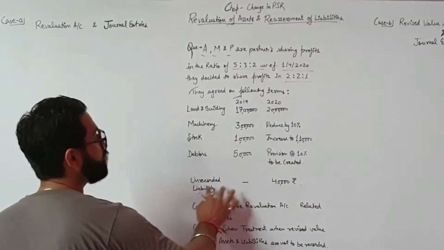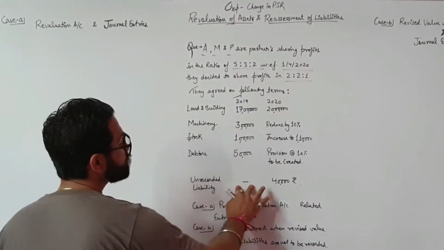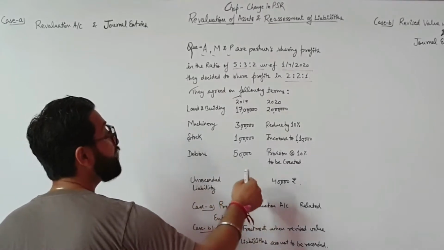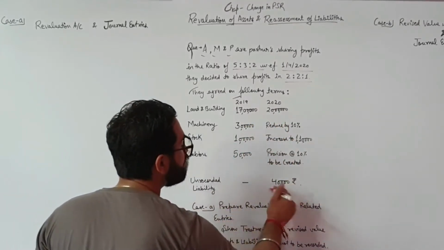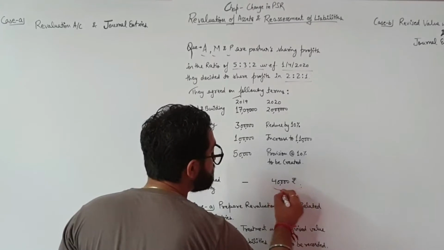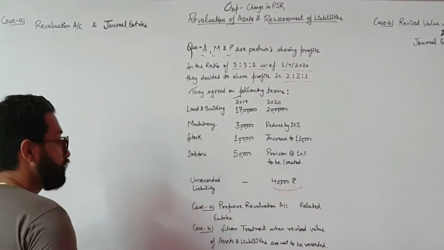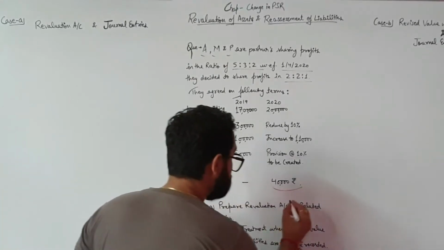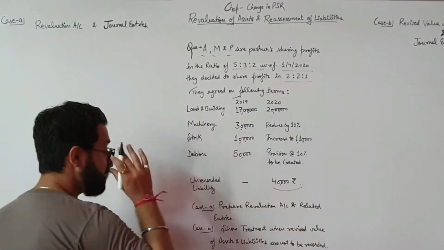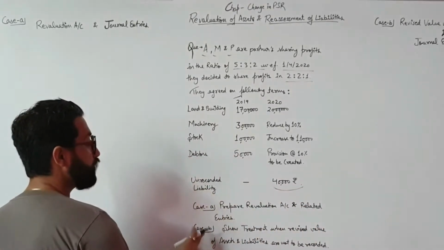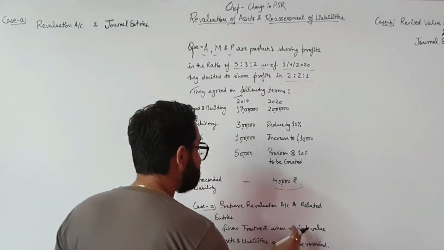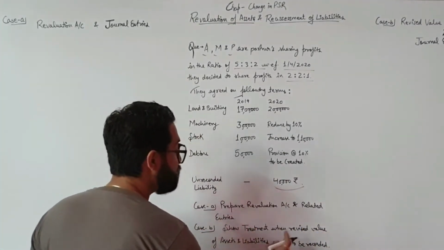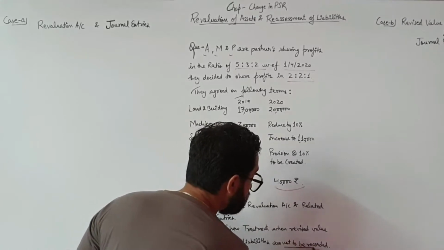Unrecorded liability: in 2019, there was no unrecorded liability, but in 2020 we come to know that there is an unrecorded liability of 40,000 rupees. Now there are two cases. Case 1: prepare revaluation account and related entries. Case 2: show treatment when revised value of assets and liabilities are not to be recorded.